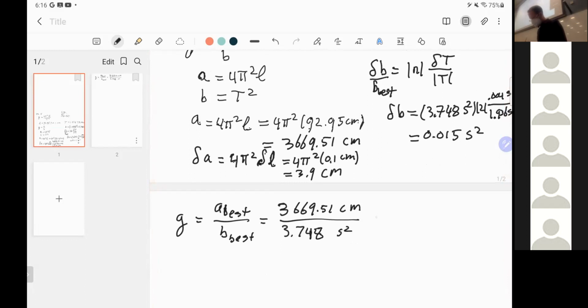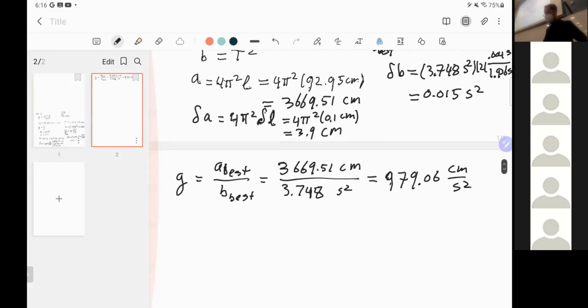That is equal to 979.06 centimeters per second squared.